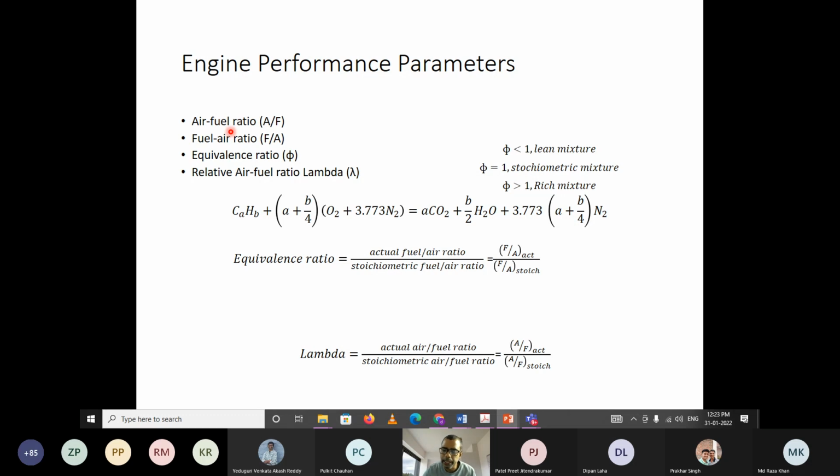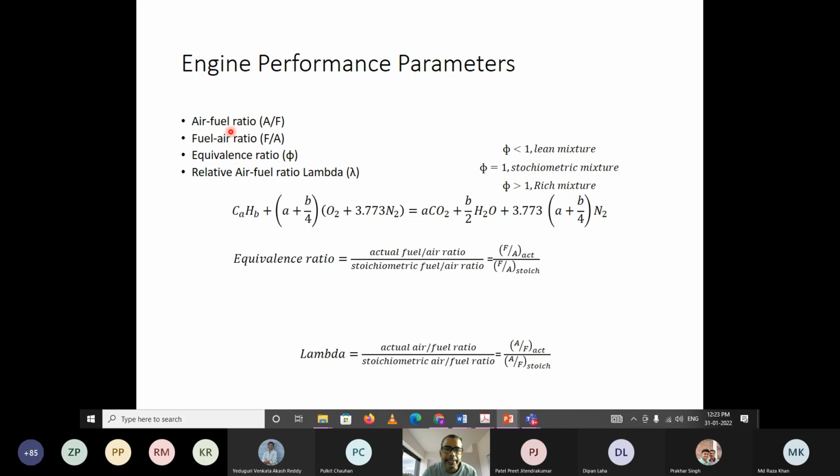So that speed and torque I have specified. Sometimes I use the term operating condition of the engine. When I say operating condition of the engine, it means the engine speed and the torque are specified to you.